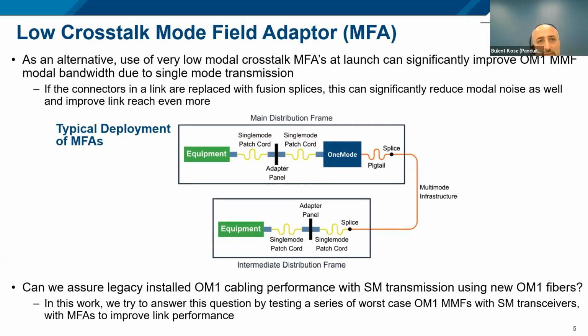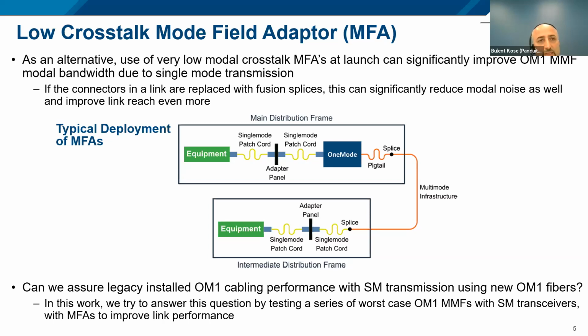As an alternative, as I said in the introduction, a low modal crosstalk mode field adapter can improve the launch to the lowest order mode, or the fundamental mode, and it can improve the performance drastically. And this has been done.